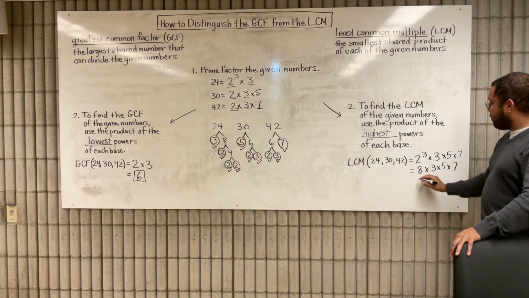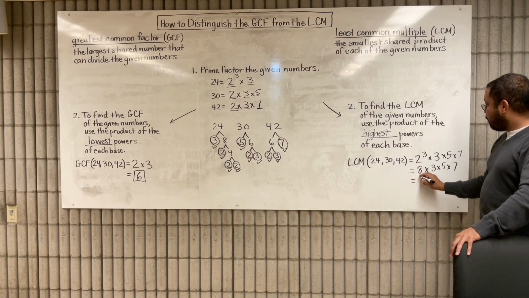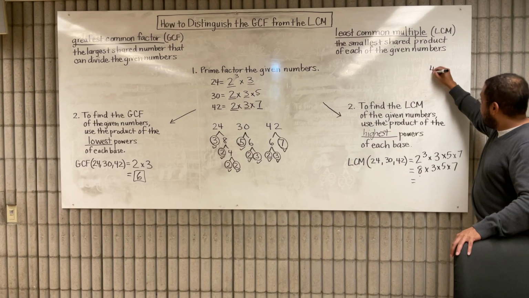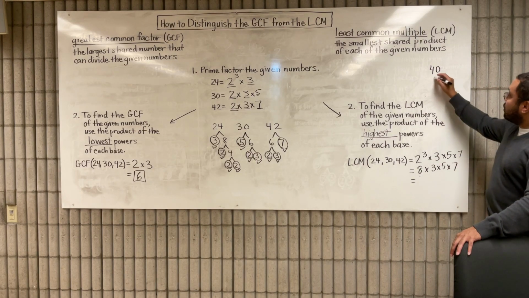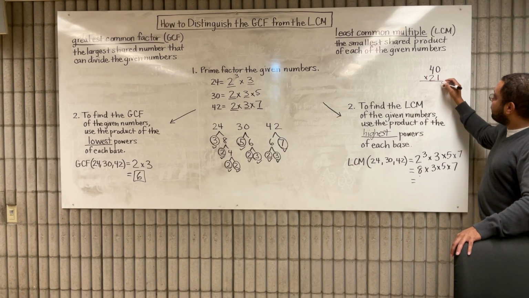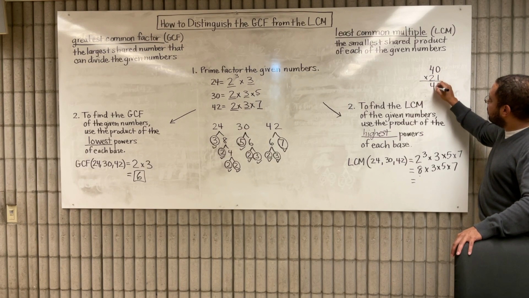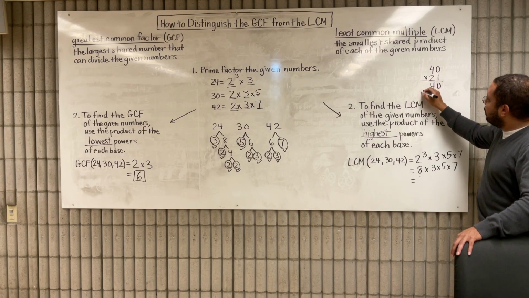So 8 times 5 I know is 40, and 3 times 7 is 21. So let me do the multiplication. I get 840.